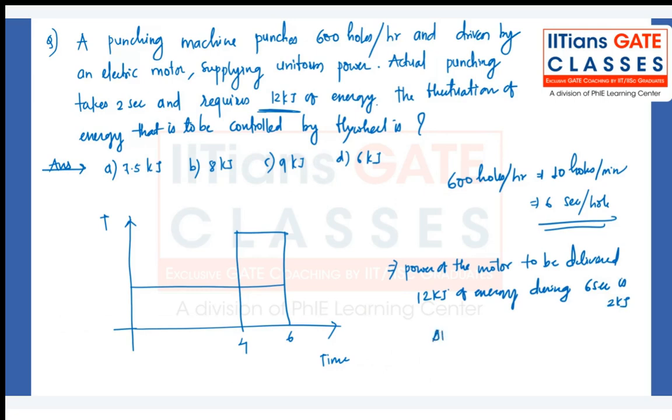So delta E is equal to 2 into 4, so this is the energy stored.